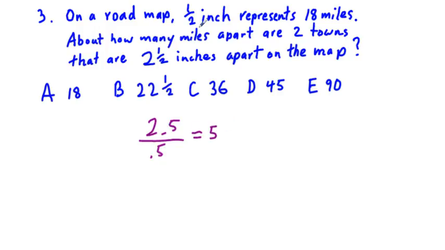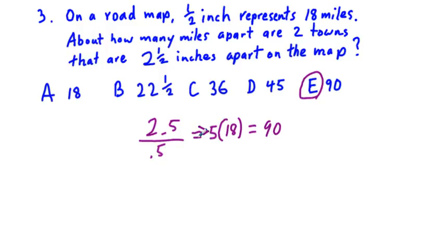Just for common sense, you can take 5 half-inch segments in a 2.5 inch length, which you then multiply by 18, and you're going to get 90 as your correct answer. Answer choice E.